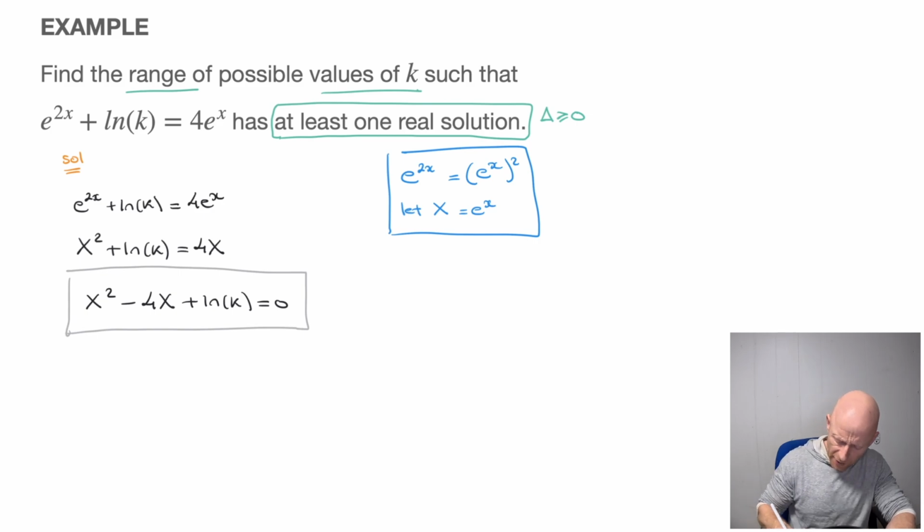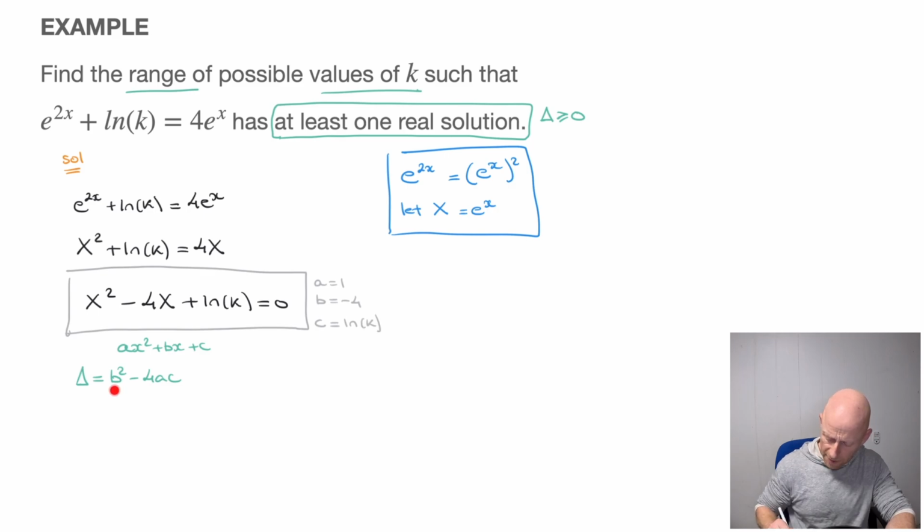And remember, for the generic quadratic, ax squared plus bx plus c, the discriminant delta is given by the formula b squared minus 4ac. And so for the quadratic equation we've boxed here, the coefficient a will equal 1, b will be equal to negative 4, and c will be equal to ln of k.